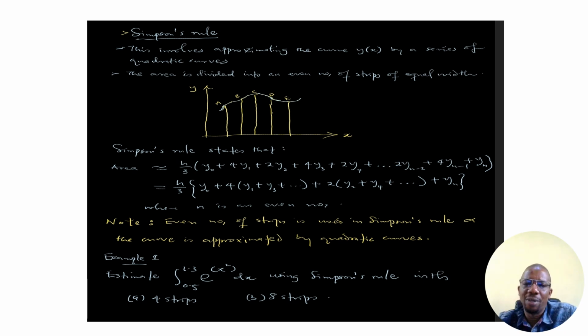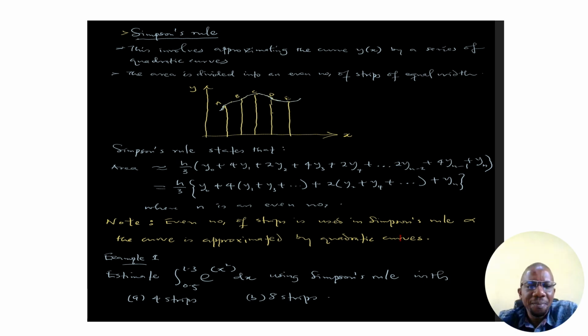For the even entries, y2, y4, y6, y8, we multiply by 2. And then the first and last terms, y0 and yn, are retained as they are. Note, an even number of strips is used in Simpson's rule, unlike in the trapezium rule.